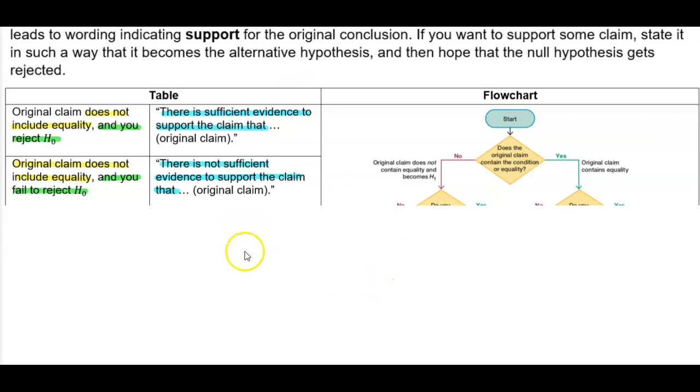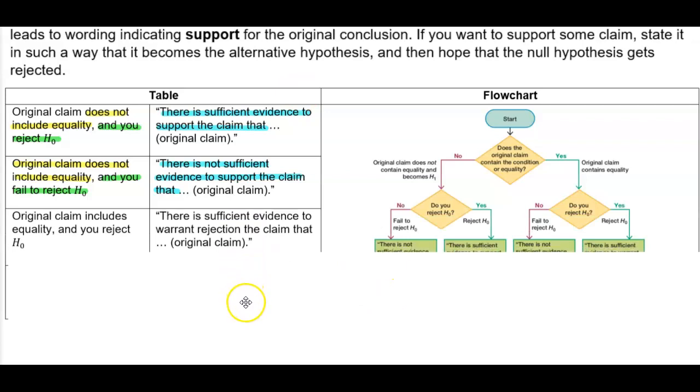Okay, next, let's say that the original claim does include the equal sign and you reject the null hypothesis, then we would say that there is sufficient evidence to warrant rejection of the claim that, and then you would state the original claim.